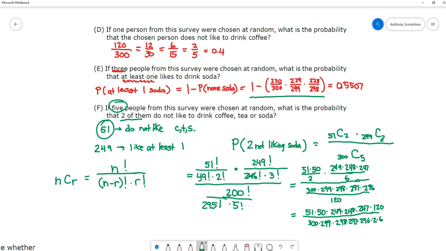And if you work that out, simplify it, put in your calculator correctly, you would get about 0.1655.